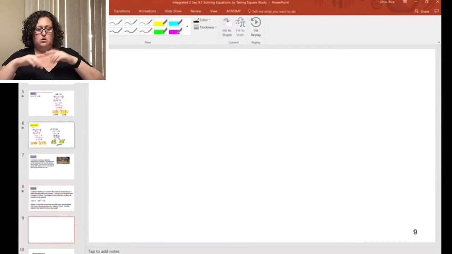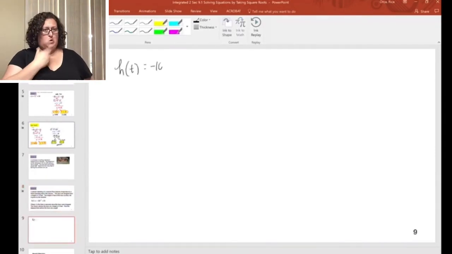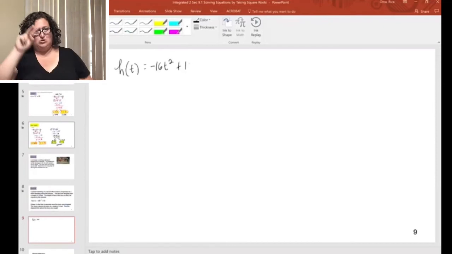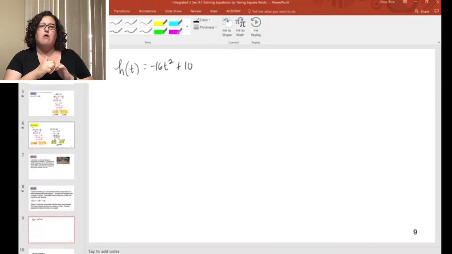We know that the equation is h of t is equal to negative 16t squared plus 10. This is going to represent how far the keys are away from the ground. So let's draw a picture.